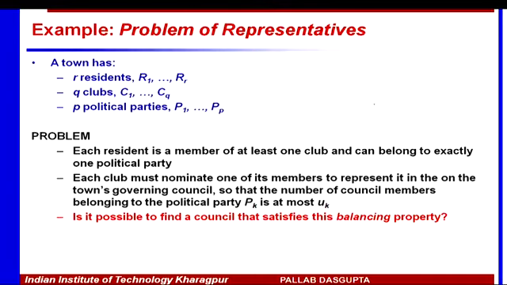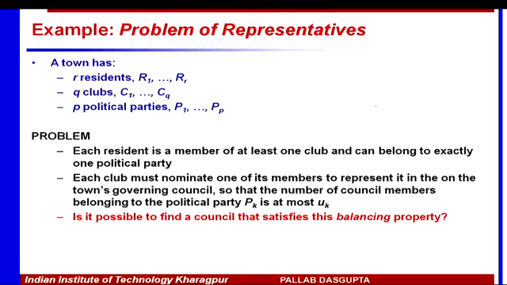Each club must nominate one of its members to represent it on the town's governing council, and we want to do it while ensuring that the number of council members belonging to a political party Pk is at most Uk, right? And we now ask, is it possible to find a council that satisfies this balancing property? So I'll show you for this one, and then for the next one I will give you some time to think over it.